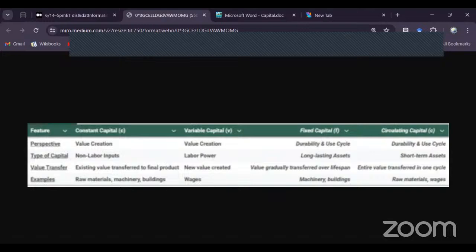Raw materials become circulating capital along with wages. So wages are consistent to column 2 and column 4. And raw materials move to circulation as opposed to fixed, because it's not going to be fixed. It's just what you put into the machines, and the machines are in the buildings, and so on.